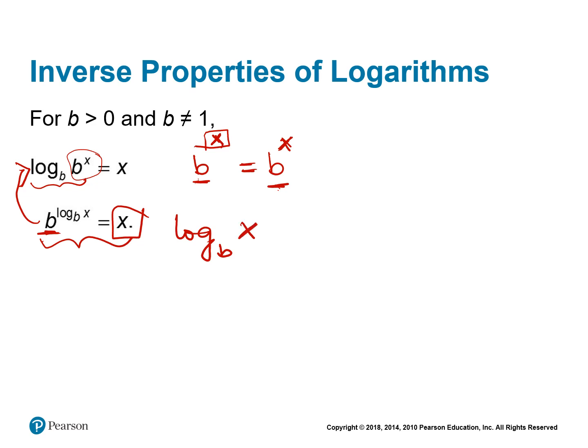And then on the other side, we are going to have log base b of x, which are equal, right? Log base b of x is equal to log base b of x. Okay, so that's the inverse properties of logarithm.